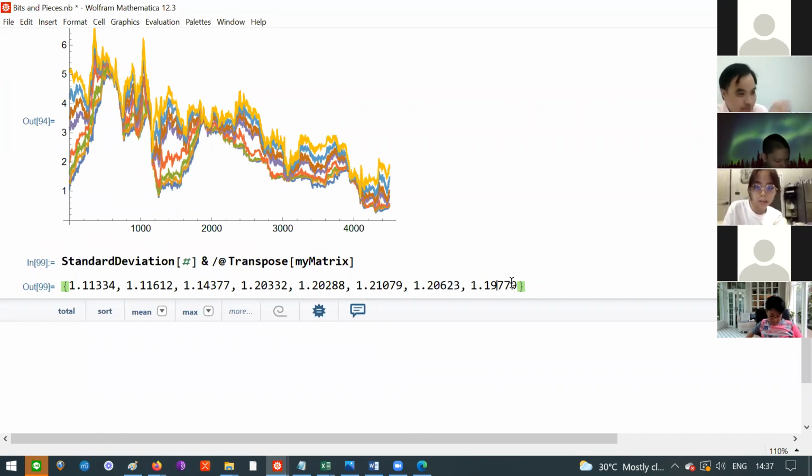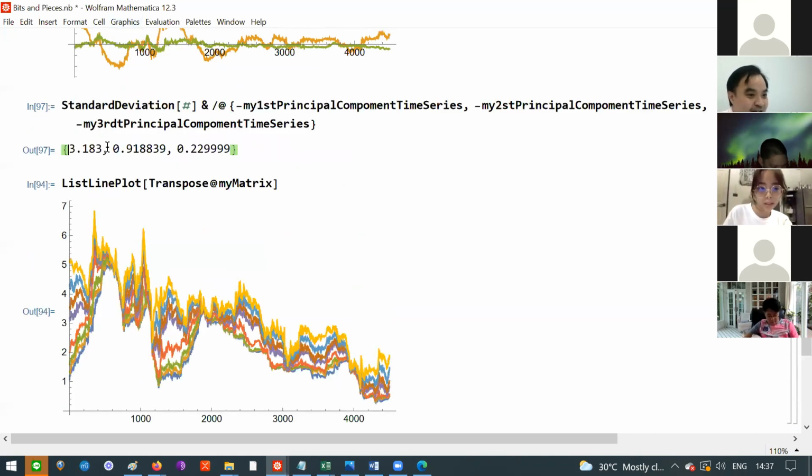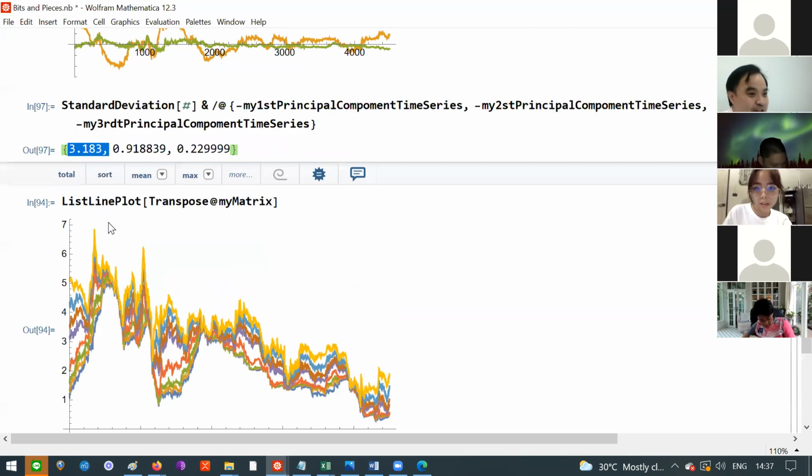By putting them together in that co-movement XPX, and I take the first principal component, the first principal component moves a hell of a lot more. Second moves a hell of a lot less.